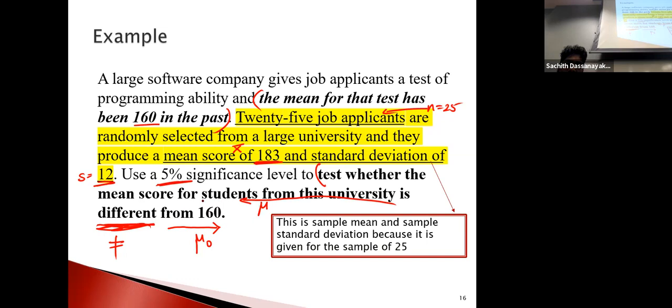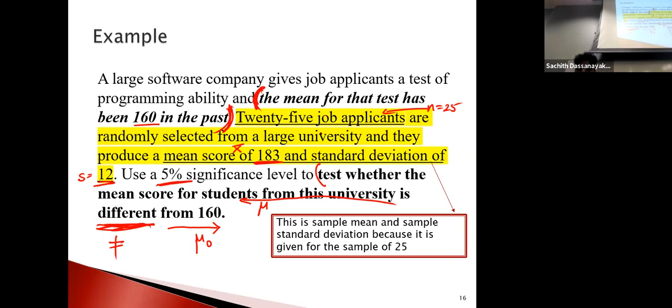What is this 160? That is your mu naught. Your mu is the mean score for students from this university, because this university is your population.